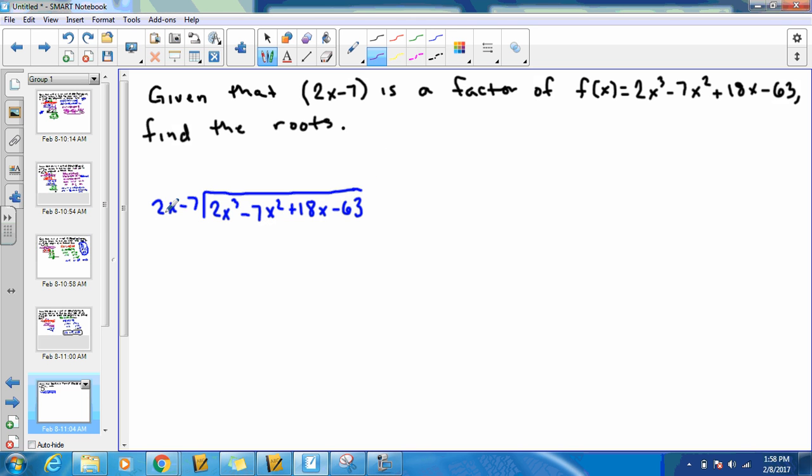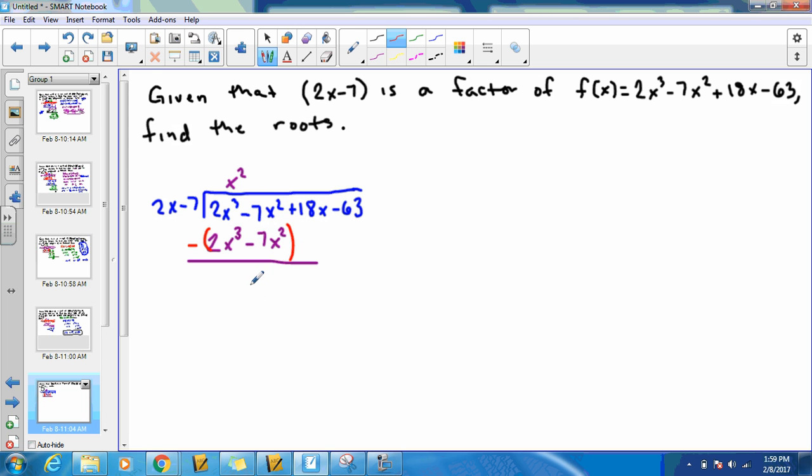Okay, so this 2x goes into 2x cubed, x squared times. So in other words, x squared times 2x gives me 2x cubed. X squared times -7 gives me -7x squared. Right?